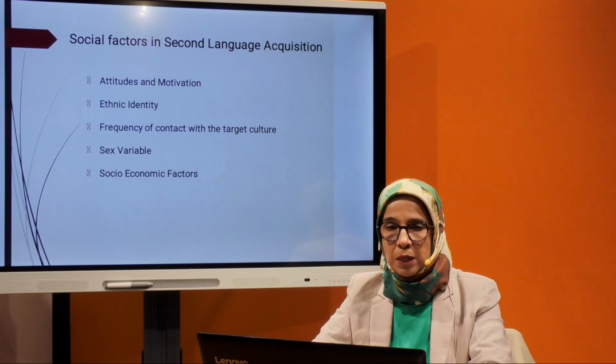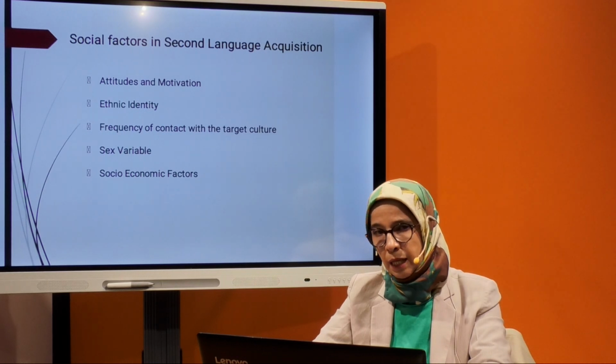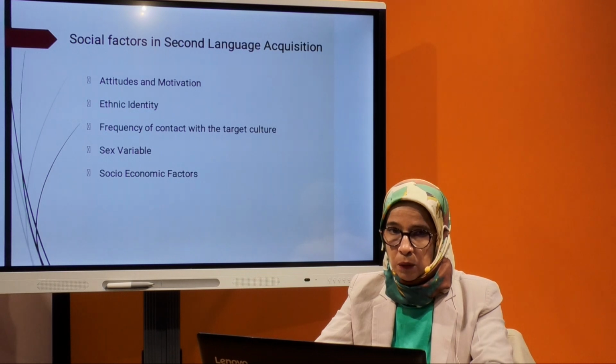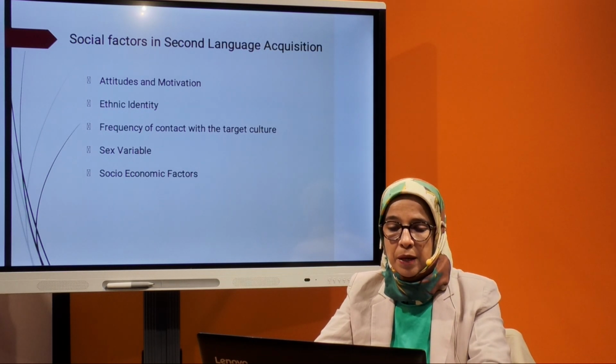Other researchers talk about integration and assimilation into the target language group as a social factor influencing language acquisition, like Berry 1980.